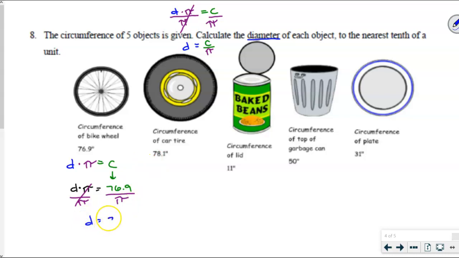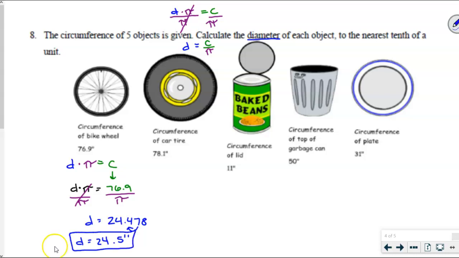You guys the same? Okay, 24.478. We need to round to the nearest tenth. So rounding to the nearest tenth, I see the 4. I need the tenths place, but I look in the hundredths to see what I do. That 7 is going to make this round up. So the diameter is equal to 24.5 inches.